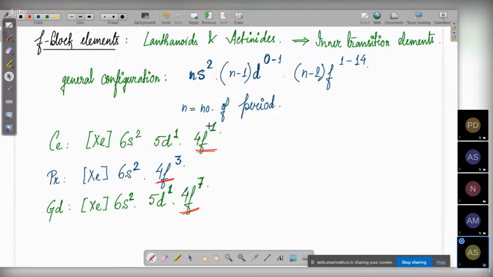Now you can see one thing. Previously we had very easy names: phosphorus, sulfur, silicon, or germanium, tin, lead. So these are metals which are quite easy names, and these are also metals which are very well known to us.